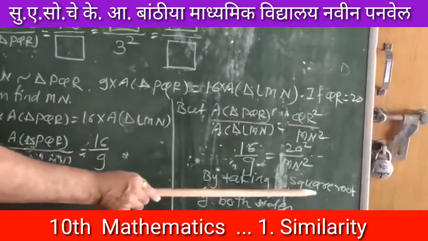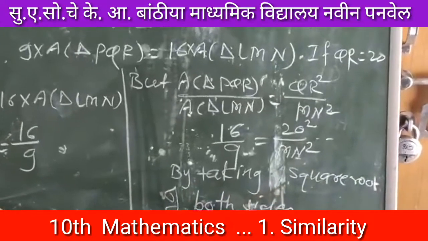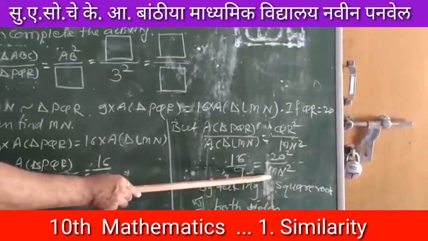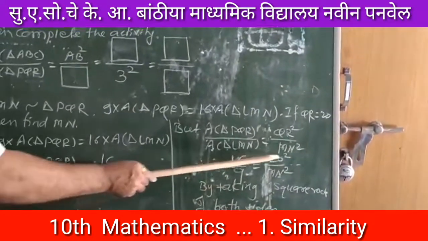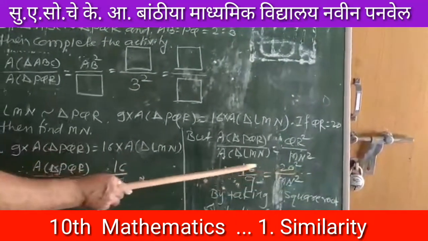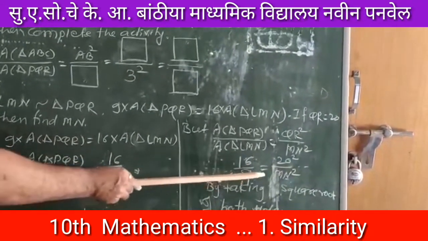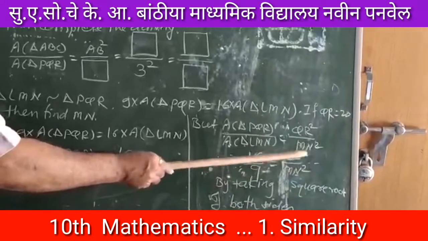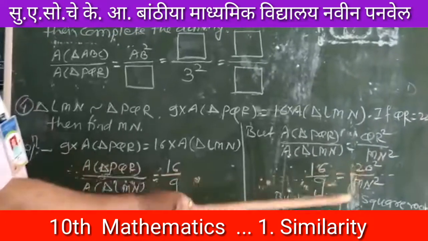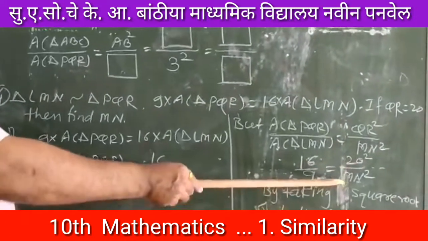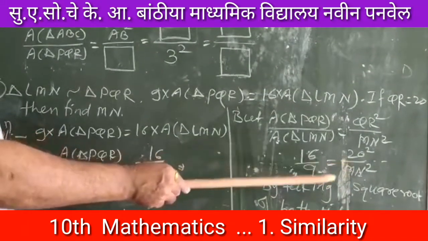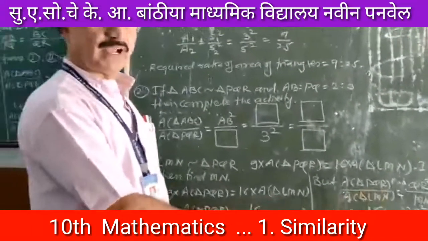By taking the square root of both sides, we can find the value of MN, that is 4 upon 3 is equal to 20 upon MN. After cross multiplication, you will get the answer of MN.